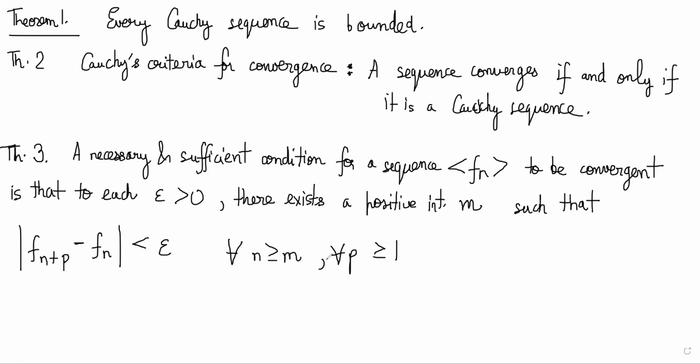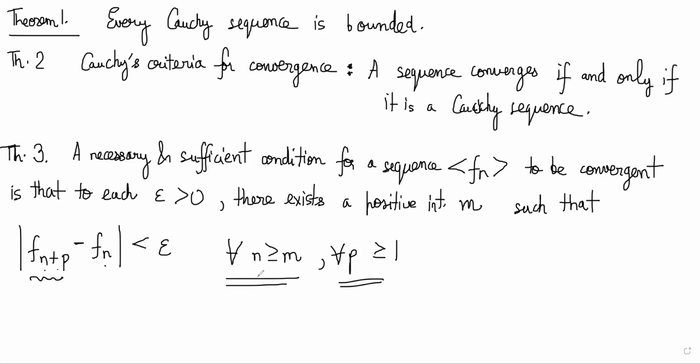So basically the gap between n and the next term is at least one. It can be n plus 1 minus n or n plus 2 minus n, whatever, as long as n is greater than m.